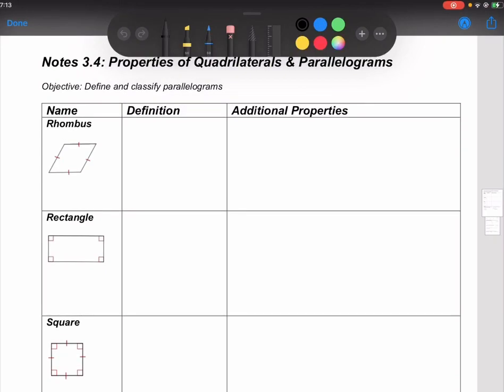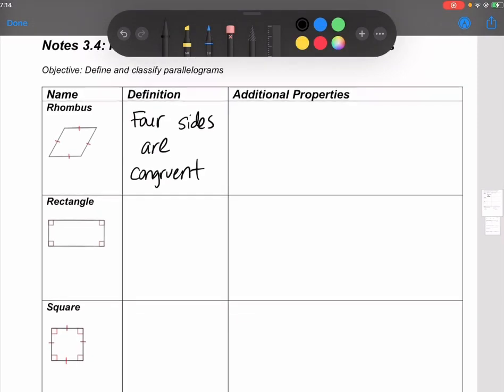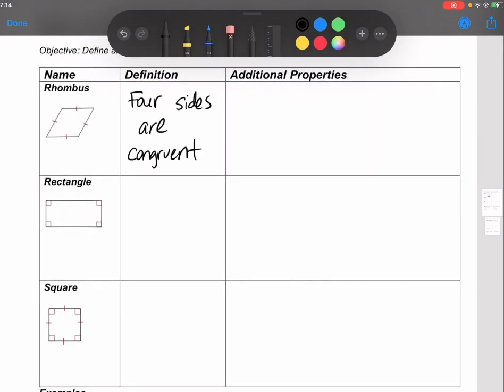Okay, so the definition of a rhombus is that four sides are congruent, or equal. If you want to put equal, you can say that. Now, a rectangle, by definition, has to have four right angles. That's the most basic definition.